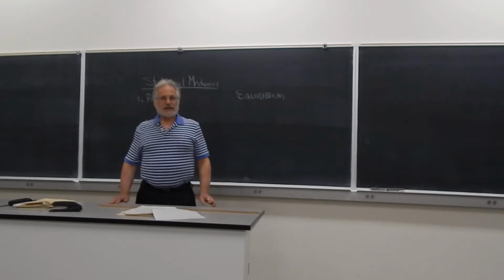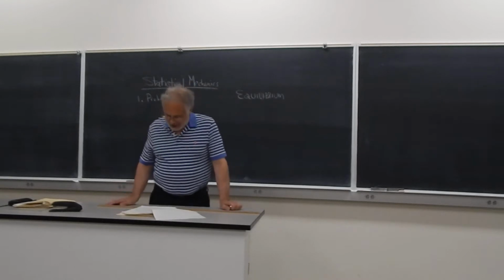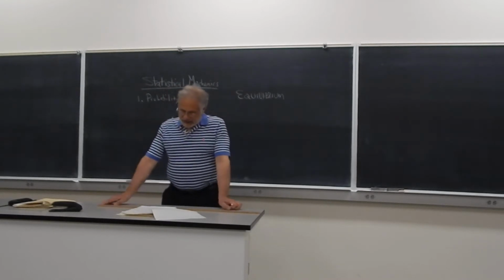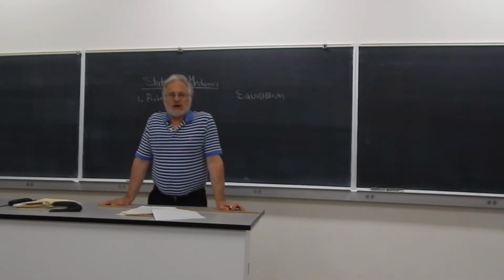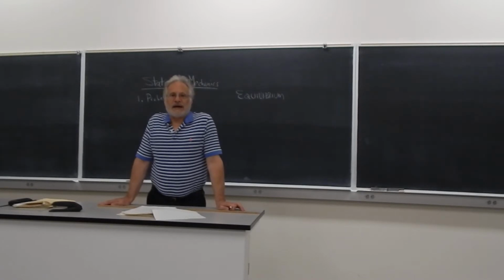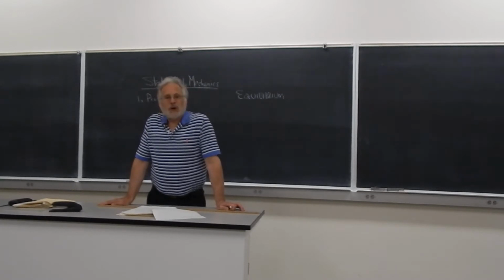So let's take a really simple example, a non-physics example. Let's talk about throwing a die. If I throw a die, the probability of obtaining an ace, or 1, is 1/6.